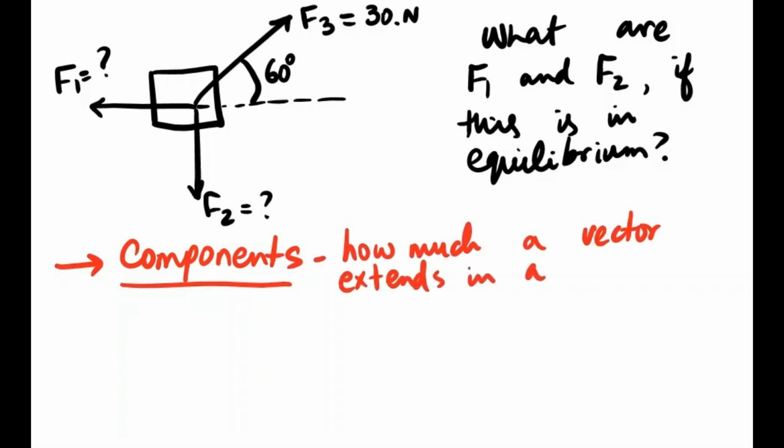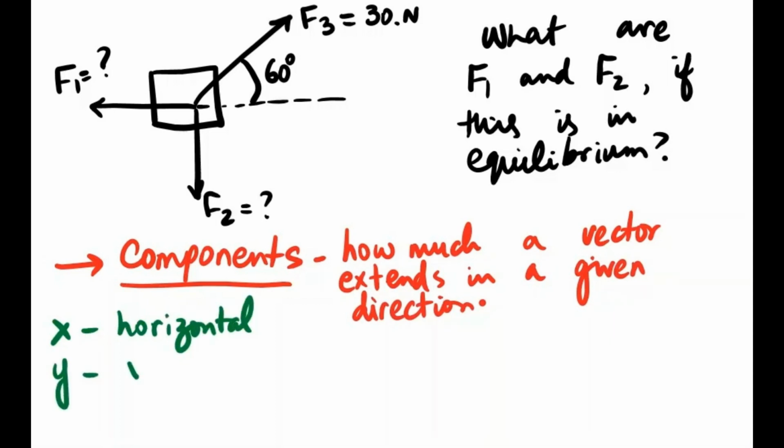What I mean by direction is how much it is in the horizontal direction and how much it is going to be in the vertical direction. So I'm going to use x for the horizontal direction and y for the vertical direction. And if I use those subscripts with the F3 vector, I can clearly see the one along the x-axis is going to be labeled as F3x, and along the y-axis is F3y.